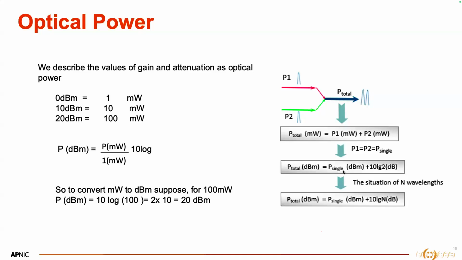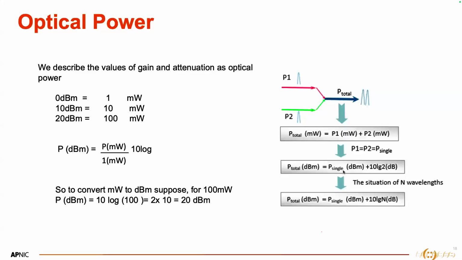It is expressed in milliwatt, and it can be converted into dBm, decibel-milliwatt. There is a formula on the screen, as you can see. P in dBm is equal to 10 log base 10 of P in milliwatt divided by 1 milliwatt. That means the logarithm value becomes the dBm of optical power.